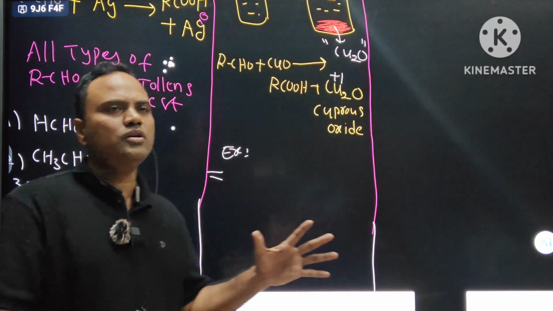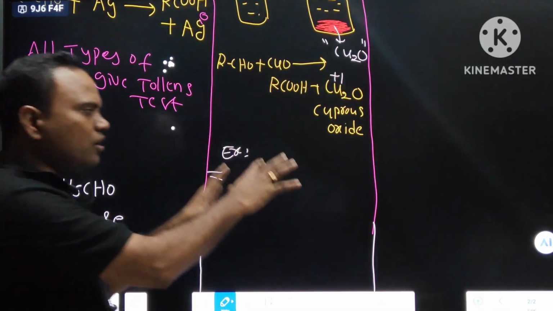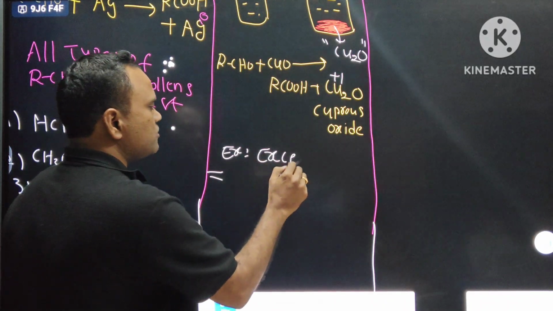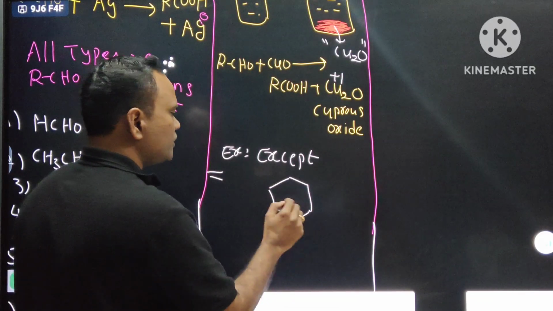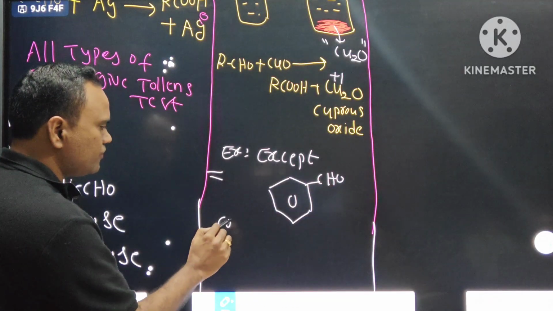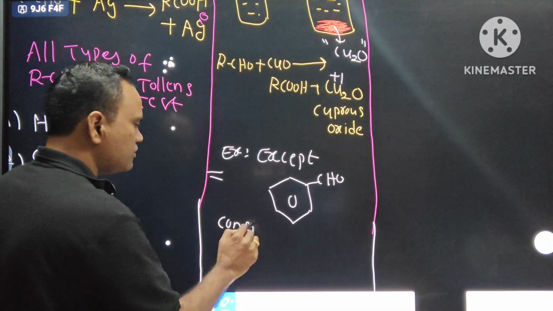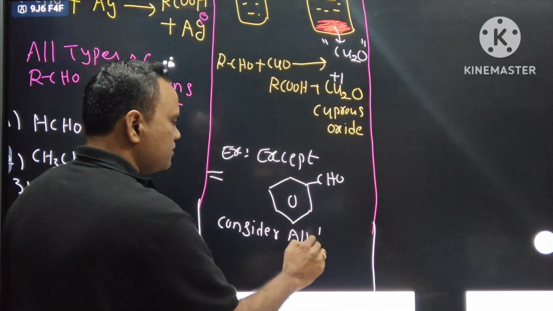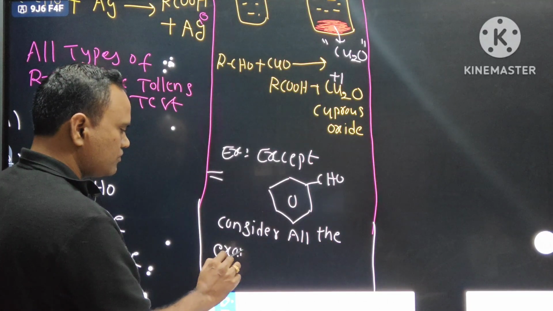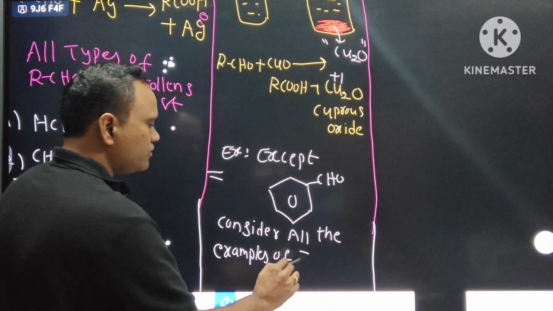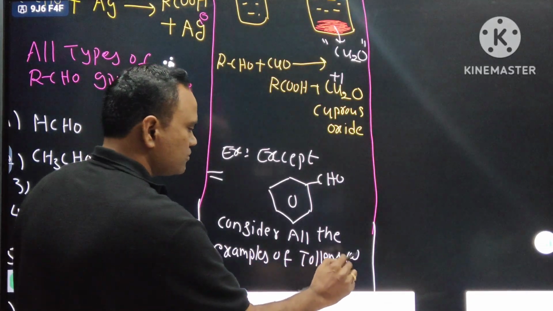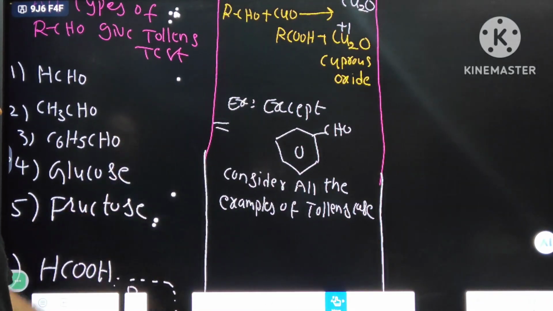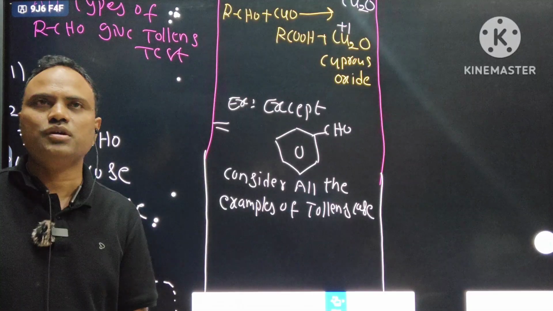Very easy. Except benzaldehyde, what are the examples you wrote in this case? You can copy as it is. Consider all the examples of the Tollens' category, everything, like exceptional cases, you can consider all.